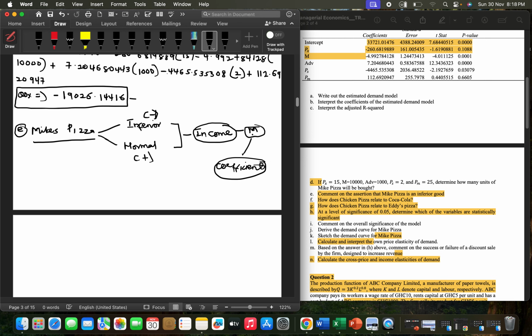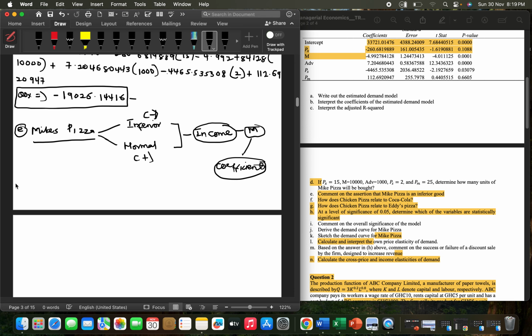So we'll look for this variable in the equation. So you can see it here. This is the m. So the coefficient is what? It's negative. So they are asking you to comment on the assertion that Mike's Pizza is what? An inferior good. So you can notice that the coefficient of m is negative. So if the coefficient is negative, it ascertains that what? Therefore, it's an inferior good.